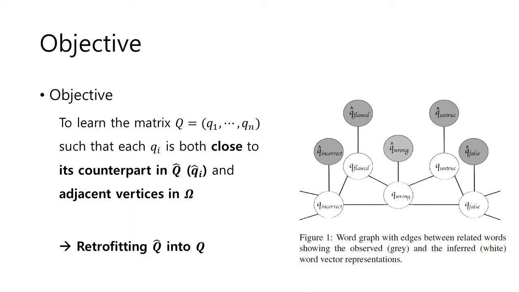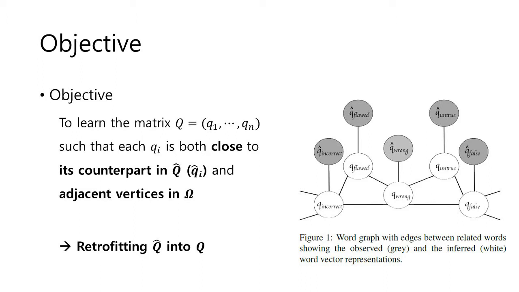This is the objective of the paper: to learn the matrix Q such that each Qi is both close to its counterpart in Q hat and adjacent vertices in omega. It means retrofitting Q hat into Q. Figure 1 shows how retrofitting happens.